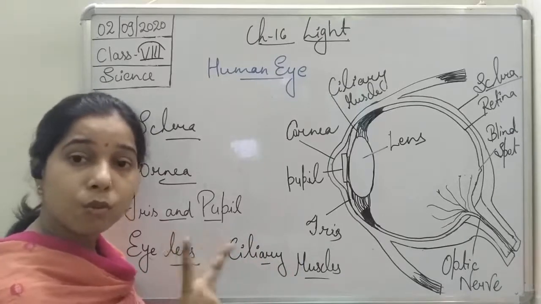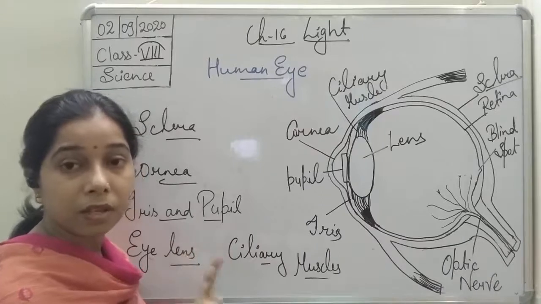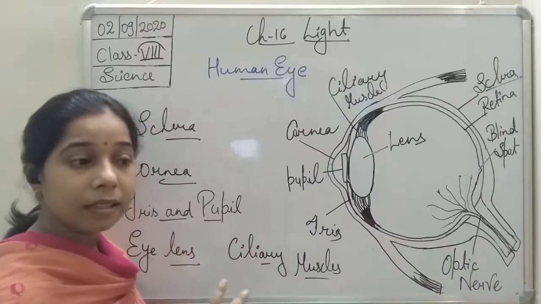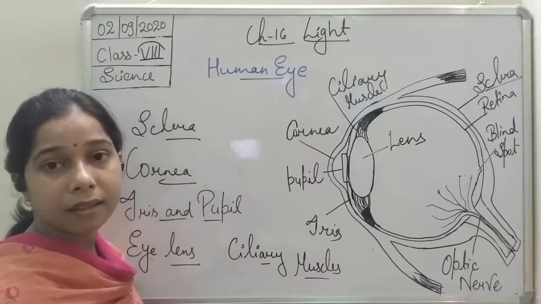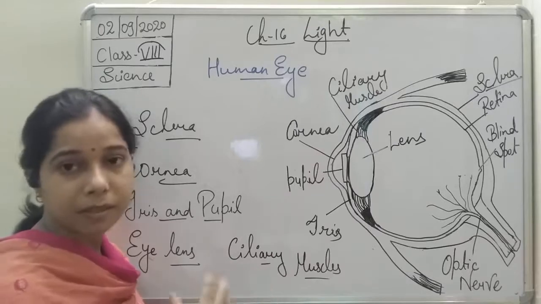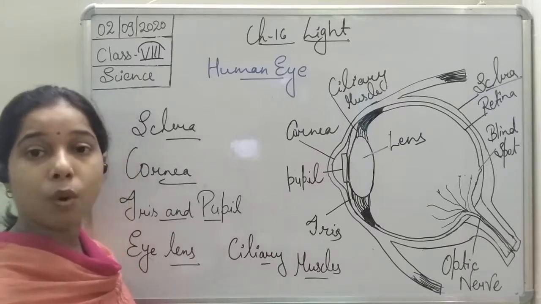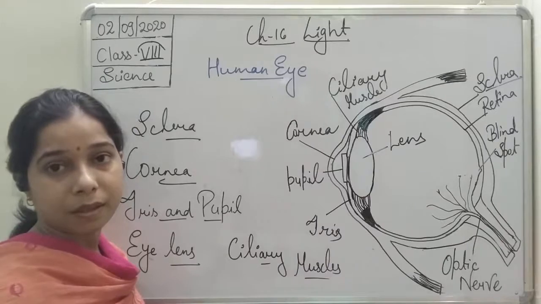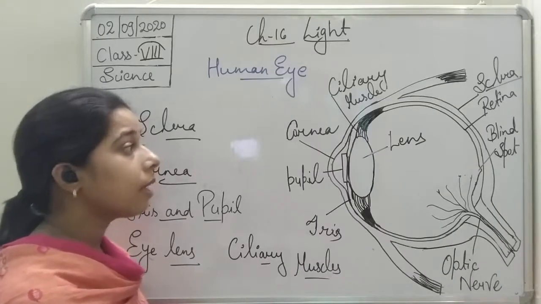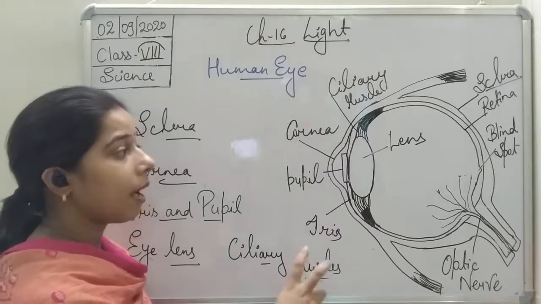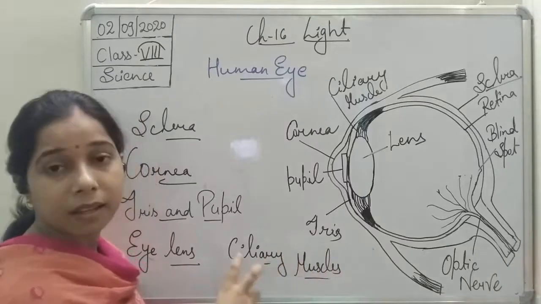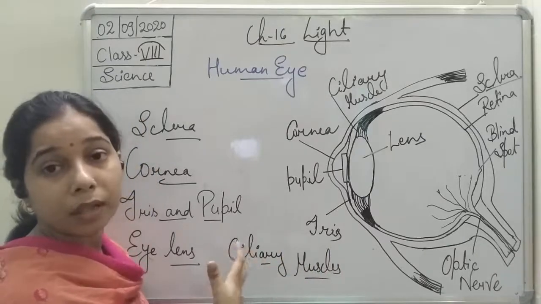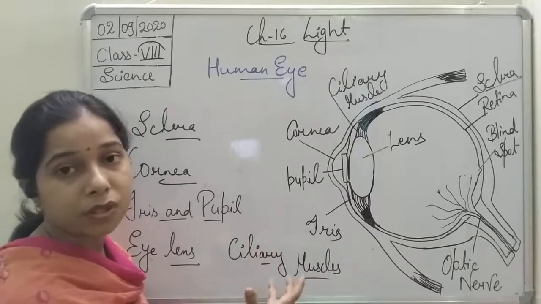There are two functions of the ciliary muscles. First, it helps in holding the eye lens at its place. And the second is that the ciliary muscles help in adjusting the eye lens so that it can focus the light which is entering into it.